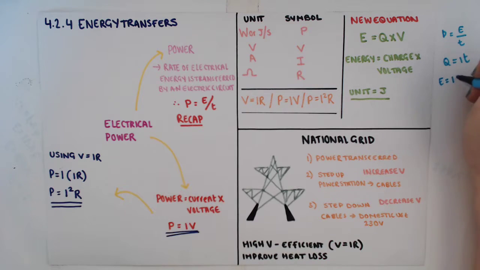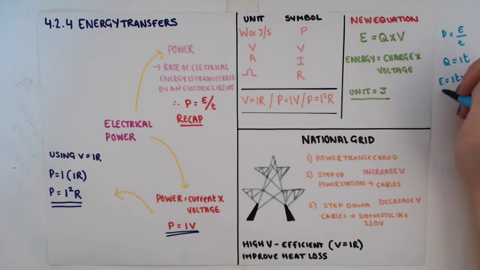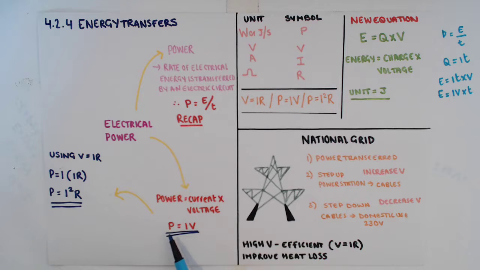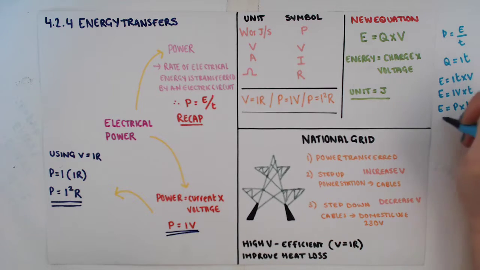Energy equals IT multiplied by V. And by using P = IV, that power is equal to the current times voltage. So let's rearrange this so that makes sense. IV times T. We can say that if power is IV, sub power in for IV, power times time.